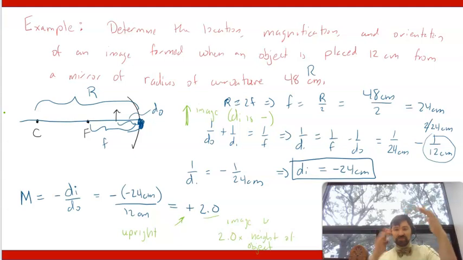Each length scale will be 2 times bigger than the original object. So if my original object is 6 centimeters tall, then my image is now 12 centimeters tall, and that's it.